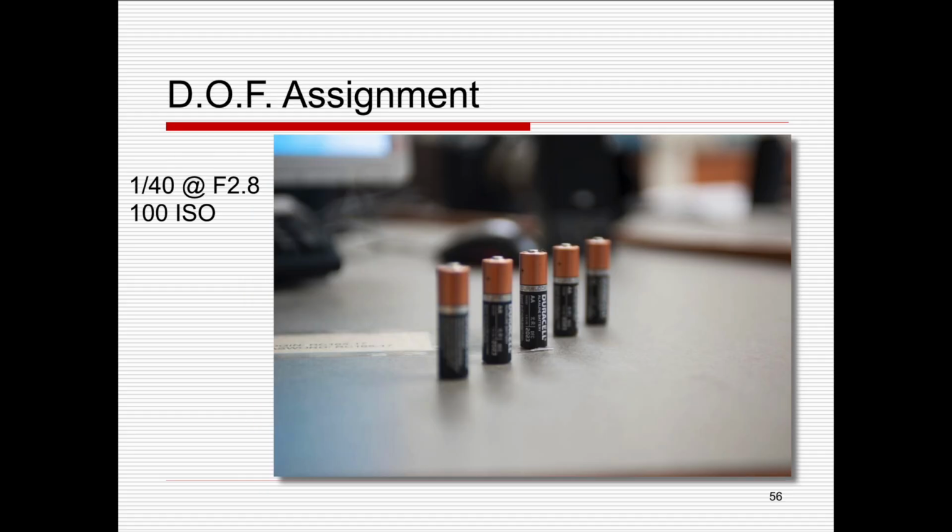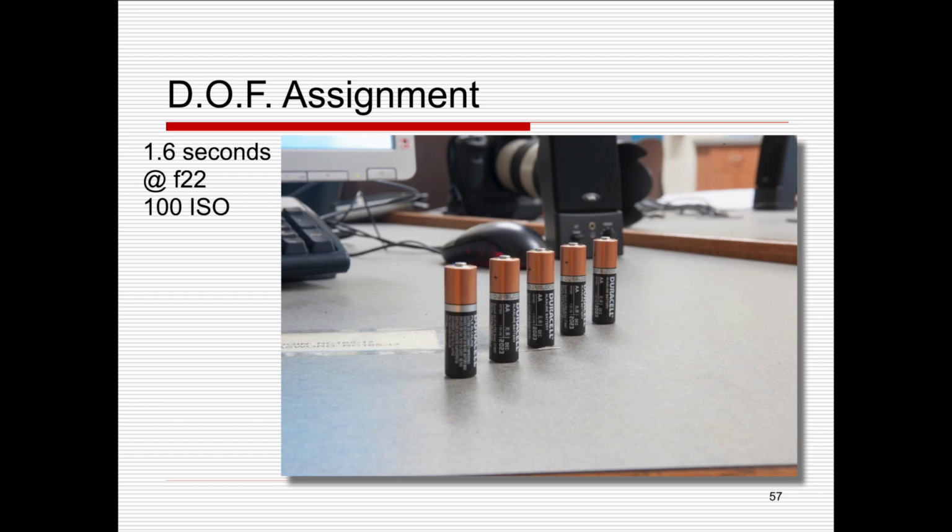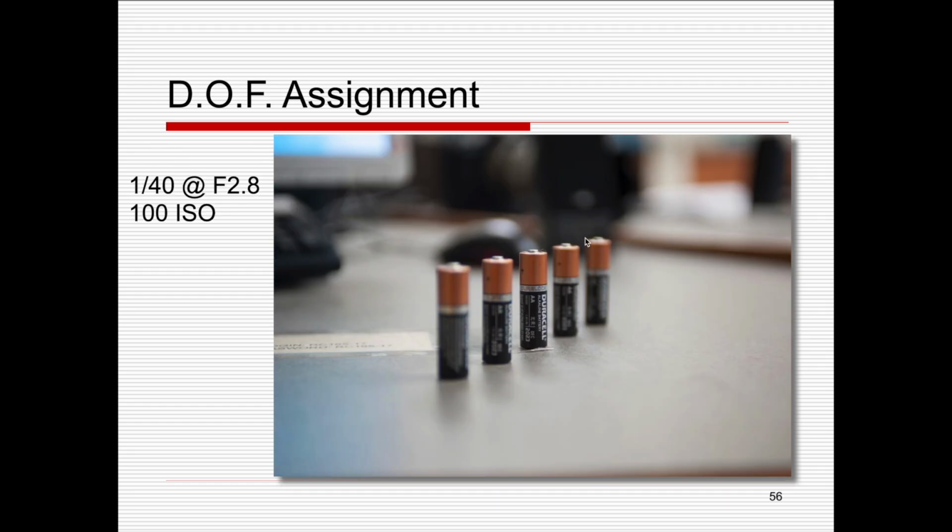Now, in an earlier episode, I've shown you how to do this depth of field exercise. And here's an example done in the classroom of my 2.8 shot versus my f22 shot. And notice the difference. Here's the 2.8 again, where everything in the background is minimized.